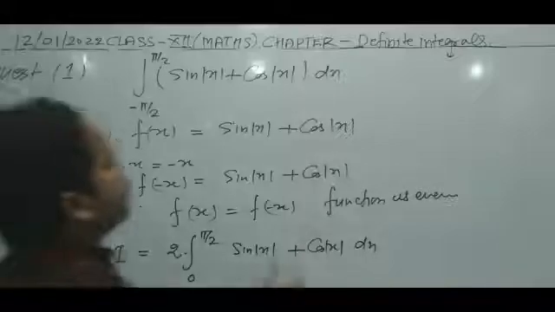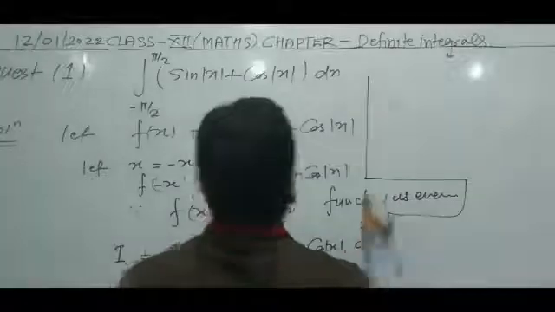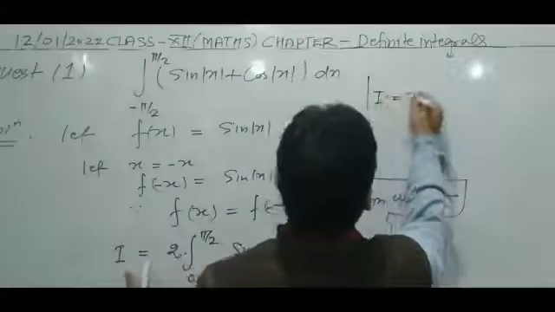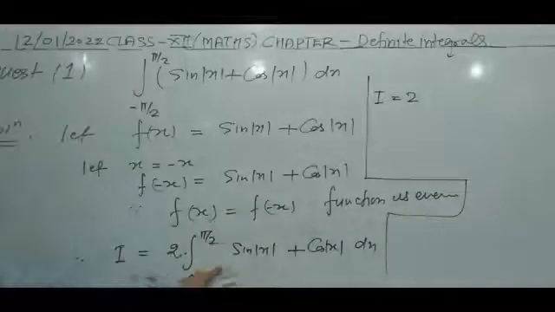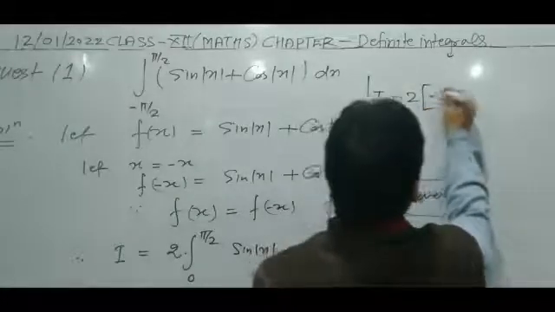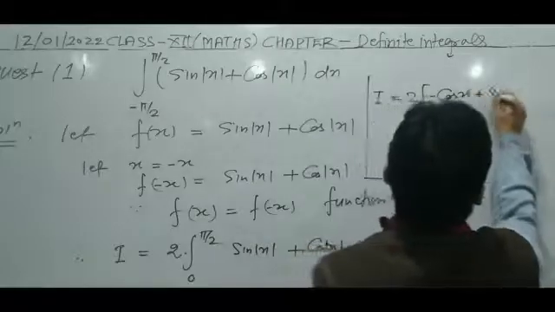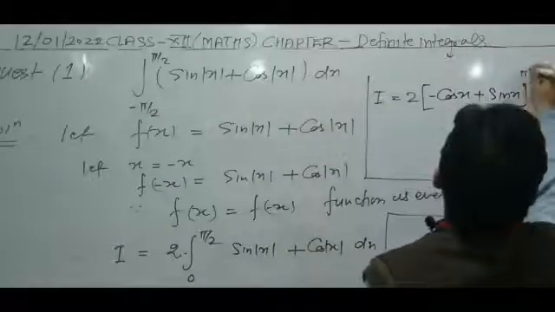After integration, what result will you get? I is equal to 2 times, the integration of sin x is minus cos x and the integration of cos x is sin x, so minus cos x plus sin x, from 0 to pi by 2.